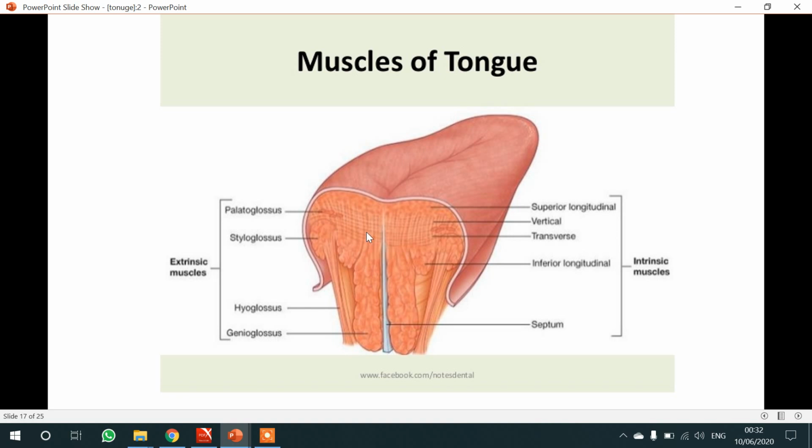Whereas the vertical and transverse muscle fibers, when they contract vertically and horizontally, are going to make the tongue protrude out of the mouth, and they are going to make the tongue narrow. So these are intrinsic muscles.